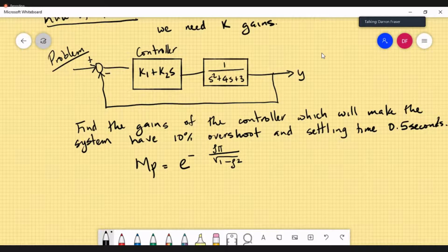So we're going to fill in the values. 10% overshoot means that this thing here is equal to 0.1. Everything else there is known because there's only the damping ratio alone in there, so we can work it out. Tell me how we go about solving this. So ln both sides.